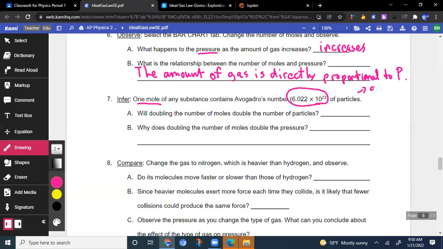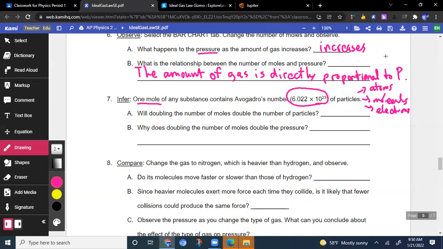When I say particles, I'm talking about atoms, molecules, heck, even electrons. So any small level of particle would qualify. So this number of particles is found in 1 mole of any substance.